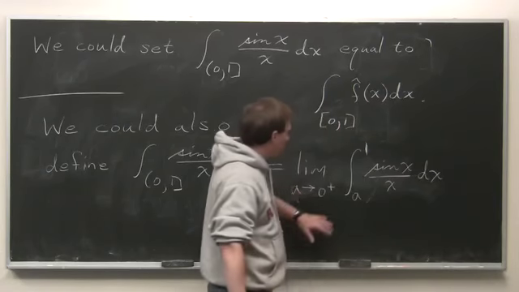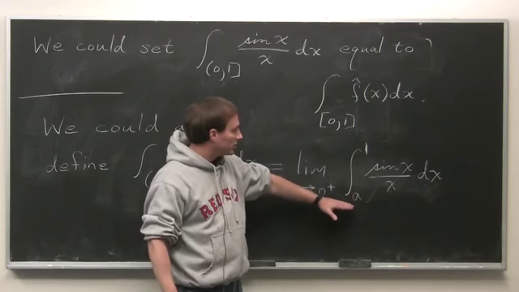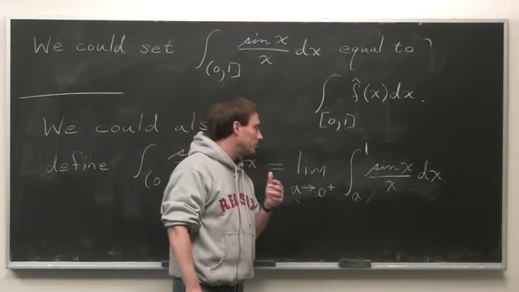For a between 0 and 1, this integral certainly exists because this is a continuous function as long as a isn't 0. And then you can take the limit as a approaches 0 from the right.